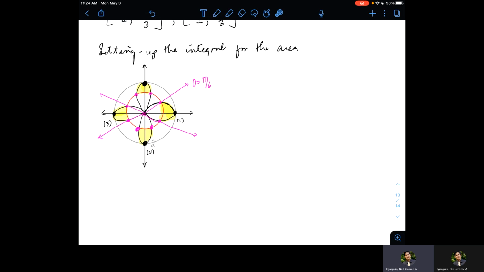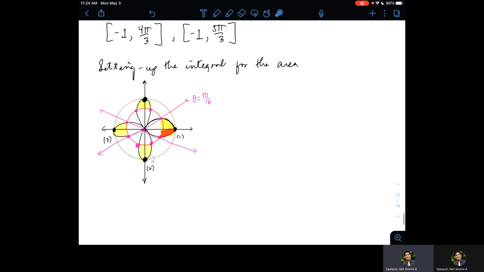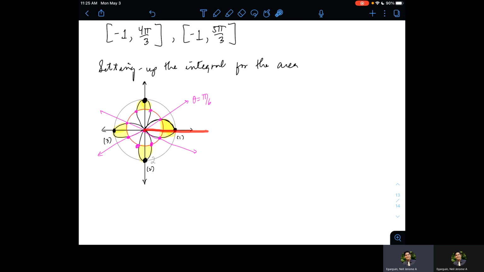But another thing I can take advantage of is, if my plan is to multiply this by 4, I can also just take half of it, because I know this would be symmetric to the lower portion. So their areas will be equal to each other. So what I can do is set up an integral for this area and multiply it by 8, right? And why is that advantageous for me? Because I know that this is at theta equals 0. And luckily I have the label there that this is pi over 6.